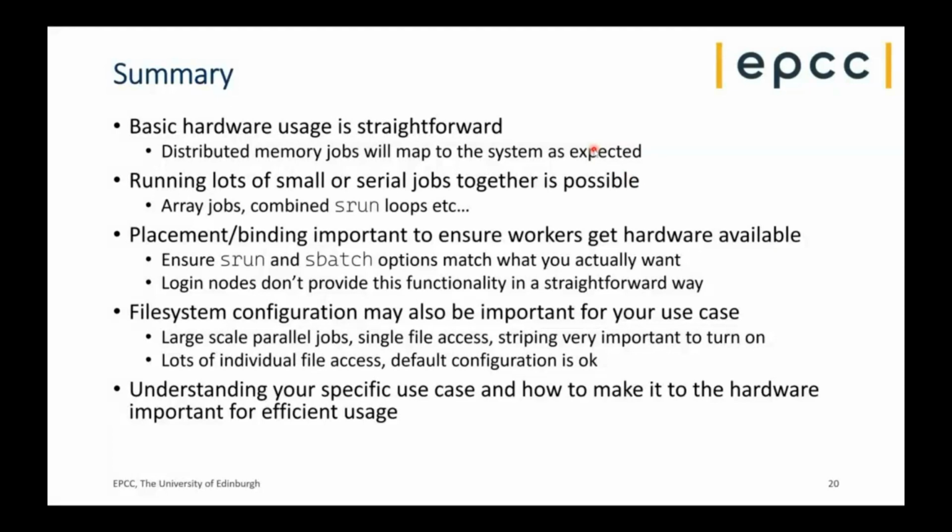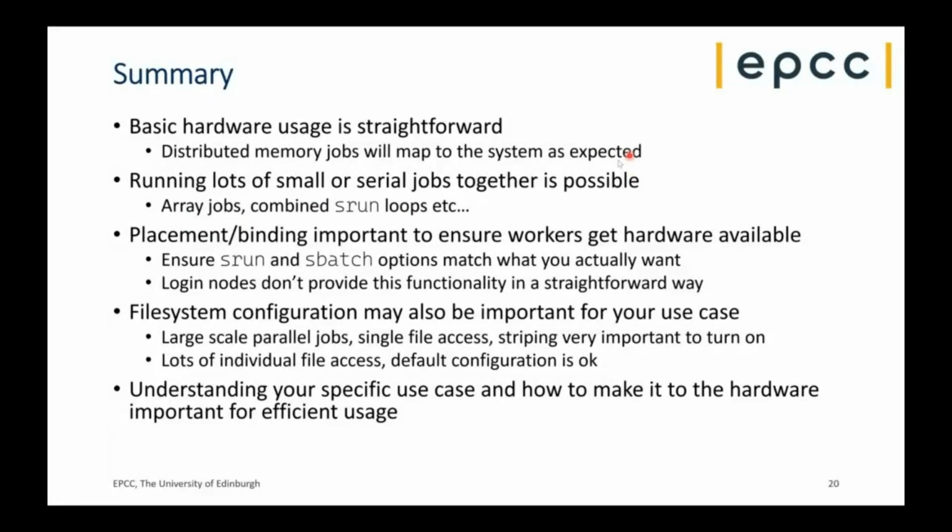And we generally have a batch system set up to access the hardware, which is generally used in a pretty default way, which is configured to run a small number of large jobs. But if you have other use cases where you want to run a large number of small or serial jobs together, then we can use things like array jobs or srun loops to fill up the nodes with separate jobs and to run large numbers of the same configuration of things automatically for us.